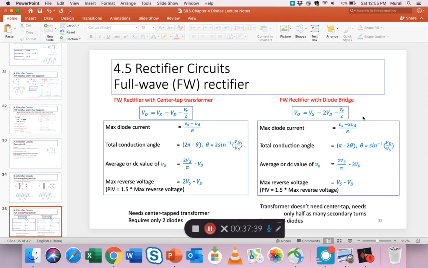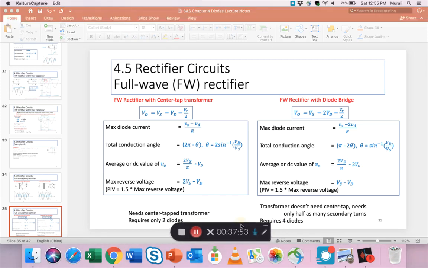Are there any big advantages or disadvantages between the two? Well, here's a couple. Obviously the first one requires only 2 diodes versus 4 diodes here. That is one difference. The transformer needs a center tap on the left side, while on the right side you don't need a center tap and you only need half as many secondary turns.